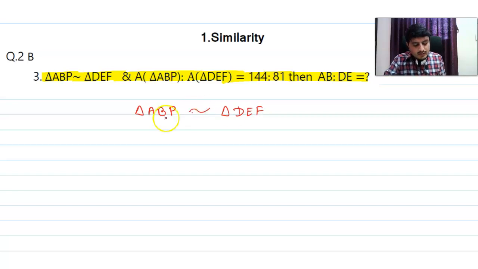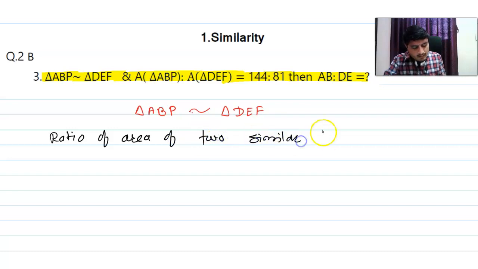Those two triangles are similar. Now once the triangles are similar, we use the ratio of areas of two similar triangles theorem.